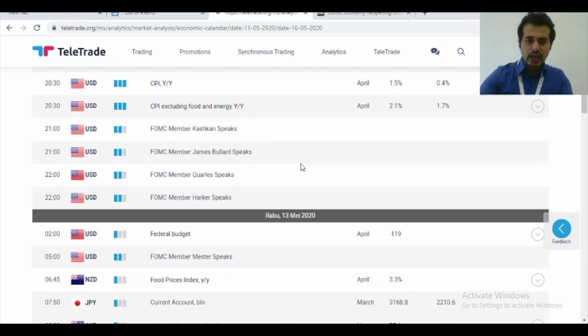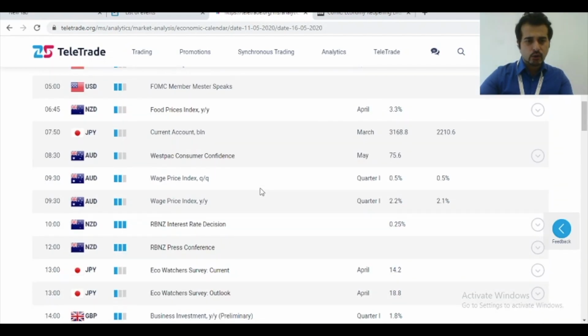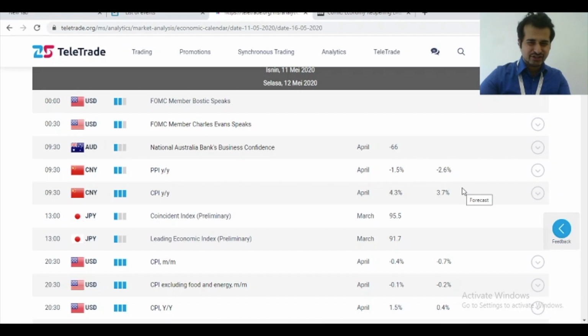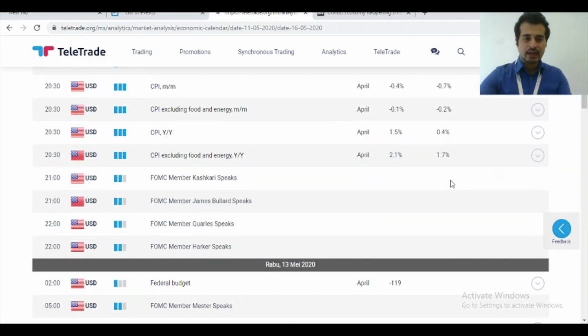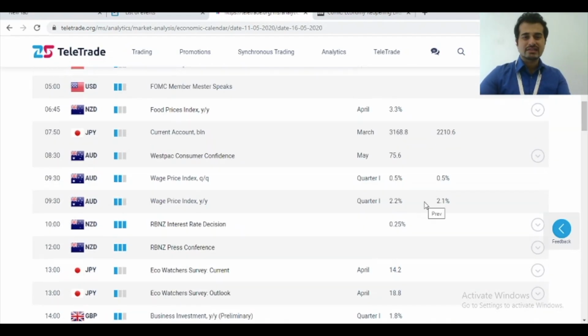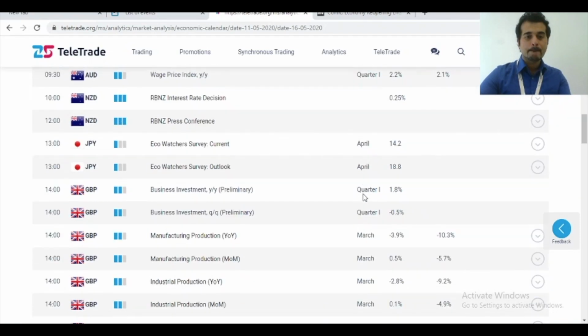Other than that, we also have the Reserve Bank of New Zealand interest rate decision. We will see how they adjust monetary policy after this COVID-19 process. I believe that, like other central banks, they will talk about accommodative measures to stabilize and boost the economy.